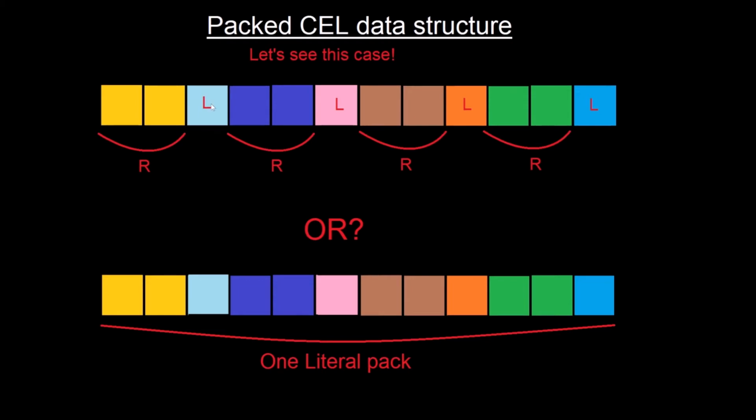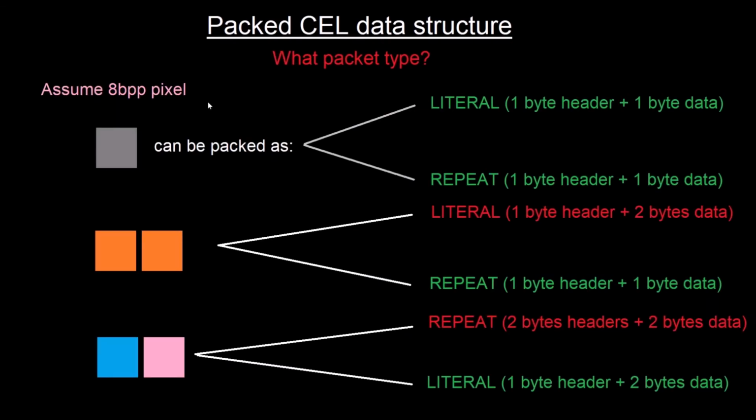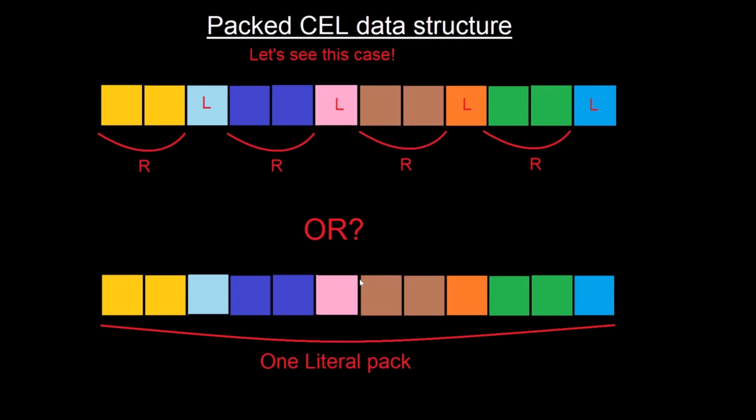And then one as a literal, L for literal, lonely pixel. 2 repeat, 1 lonely, 2 repeat. Let's alternate between the repeat packet and literal. Is this better, or is it better to take the whole thing and make it 1 literal, 1 header byte, and then all of these pixels following individually?